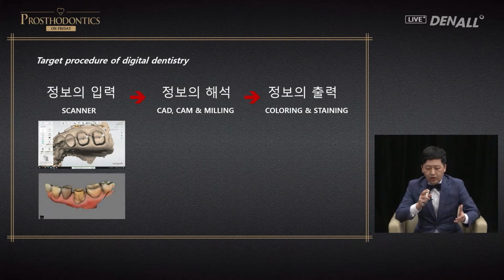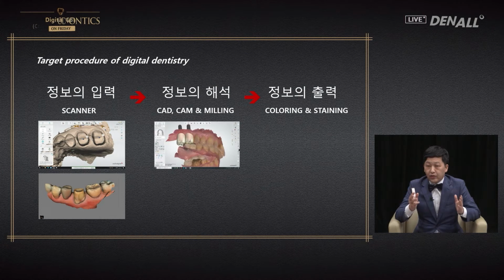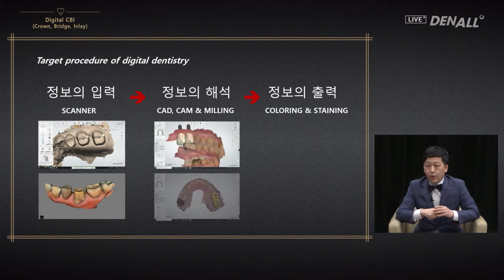Also, at scanning stage, you can check whether there are undercuts. These need to be checked, and then we can move on to the next step. If you think you have done prep correctly and have accurate margin and no undercut and sufficient distance with the antagonist, you can do rendering and interpret information, which is the design process.